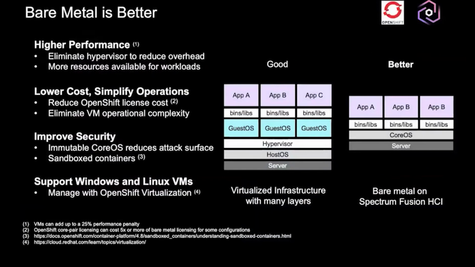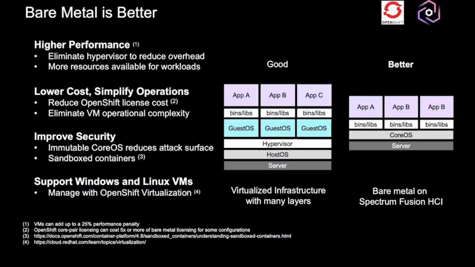Installing OpenShift onto bare metal has many advantages, and Spectrum Fusion supports this configuration. Spectrum Fusion HCI installs the OpenShift CoreOS operating system directly onto the bare metal of the servers within the HCI system, eliminating the overhead that comes with using a hypervisor, and eliminating the extra operational complexity of a hypervisor, and freeing resources that can be used for workloads.